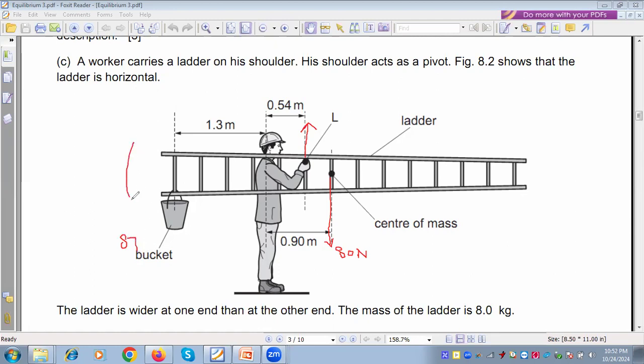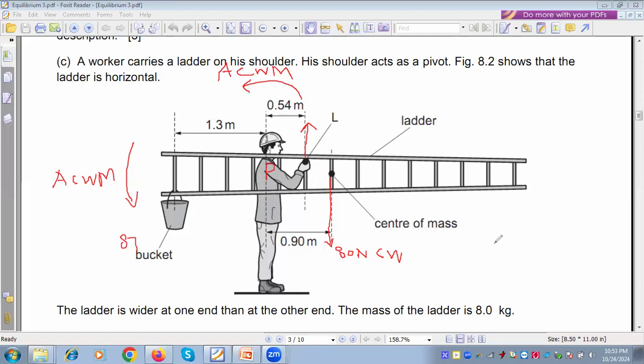Bucket is causing anti-clockwise movement. Weight is causing clockwise movement about the pivot. So this is the pivot P. And the force applied by person's hand is upward, and that is also causing anti-clockwise. Meaning we have two anti-clockwise moments and one clockwise moment. So we have to find out the force applied by the person.